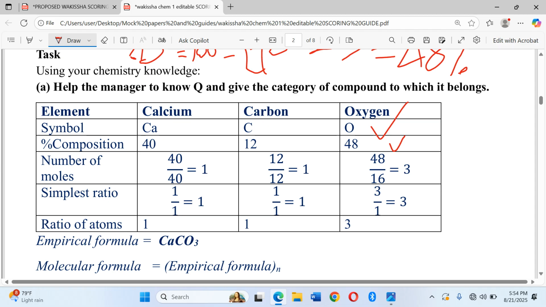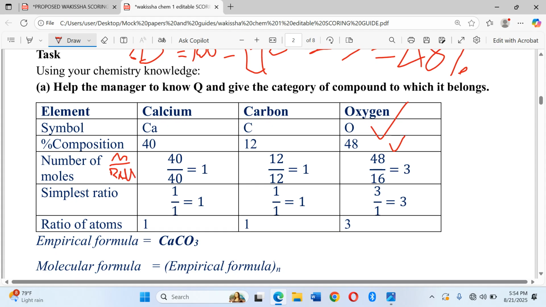Okay. Then after that, we can put the number of moles. We know that number of moles is equal to the given mass over molar mass, or over the RAM, relative atomic mass.